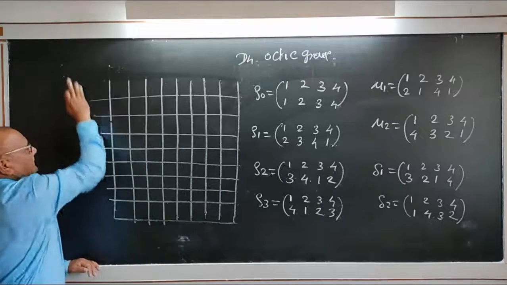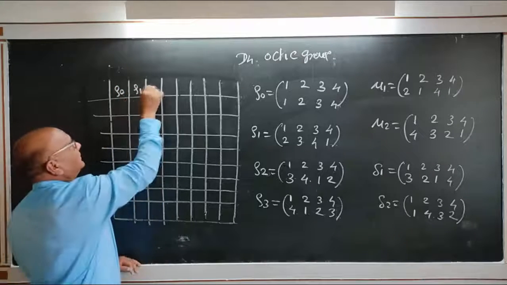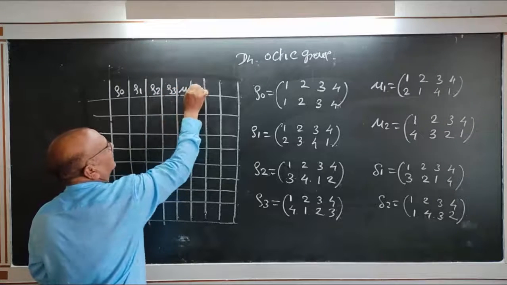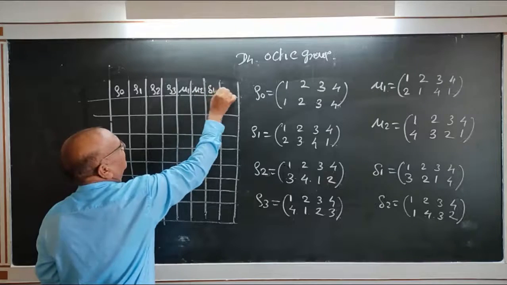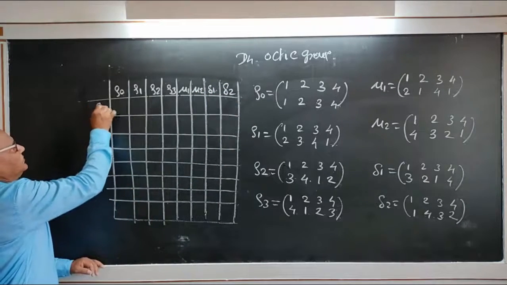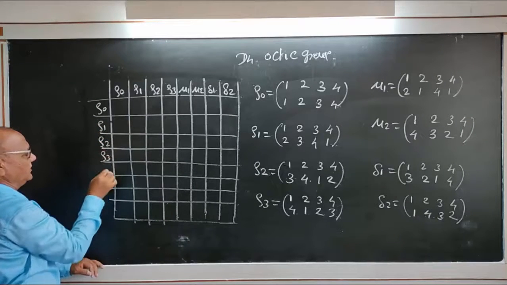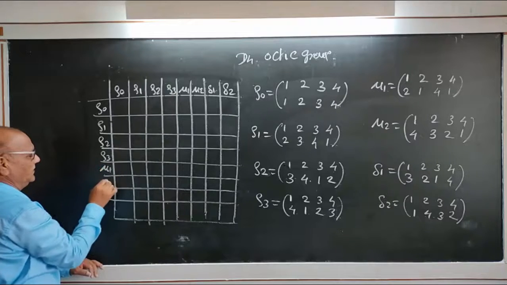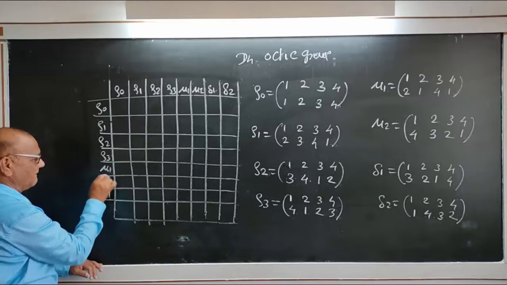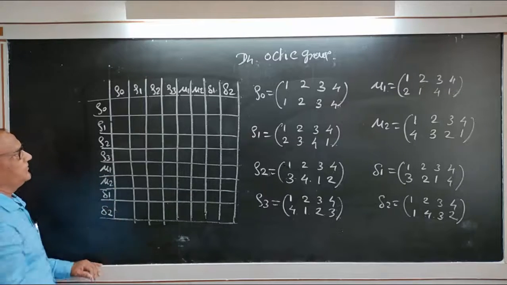Here the rows and columns are rho 0, rho 1, rho 2, rho 3, mu 1, mu 2, delta 1 and delta 2.